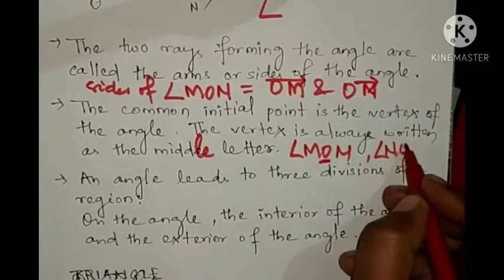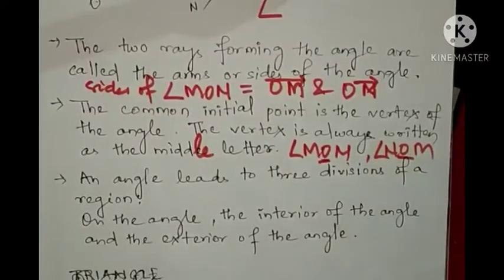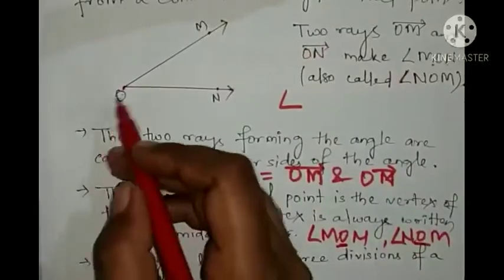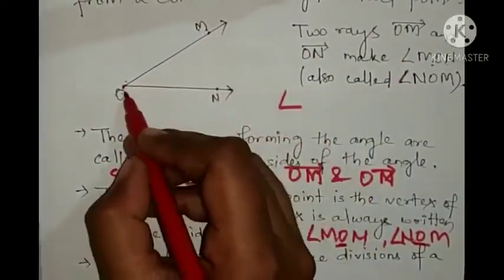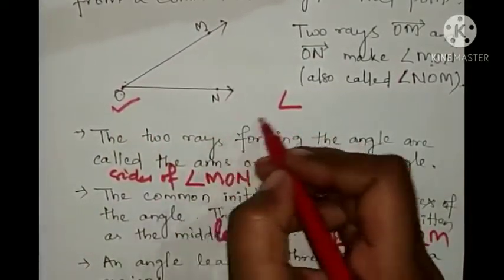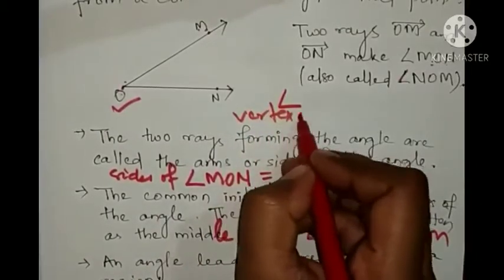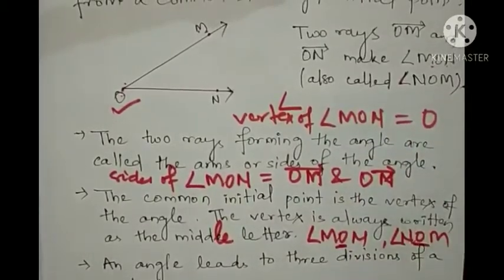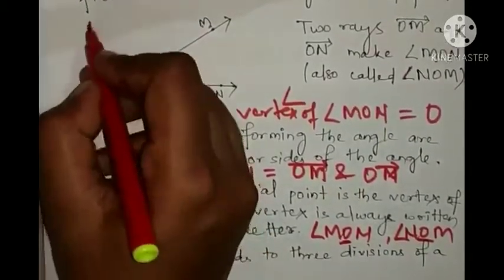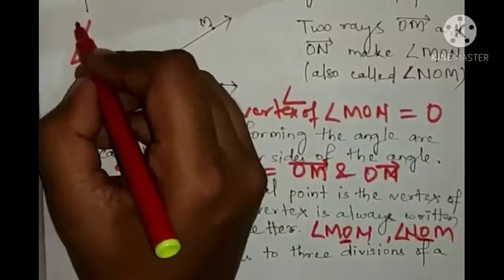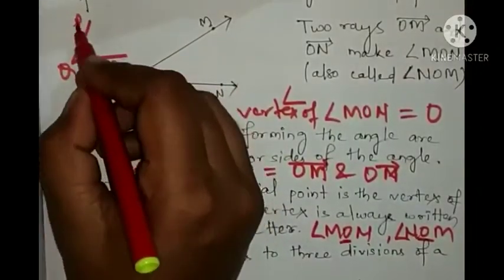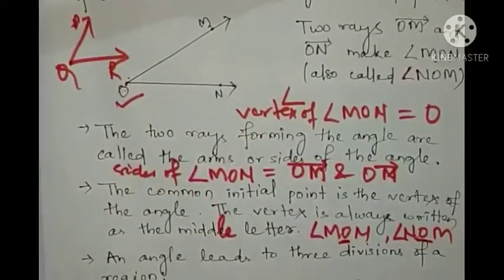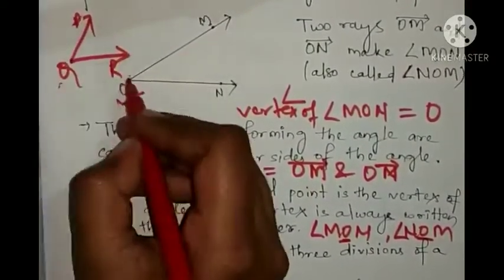Or if you write NOM, always the vertex will be in the middle. So at this angle MON, O is the vertex. If you make angle PQR, the vertex is Q, and the sides are PQ and QR.